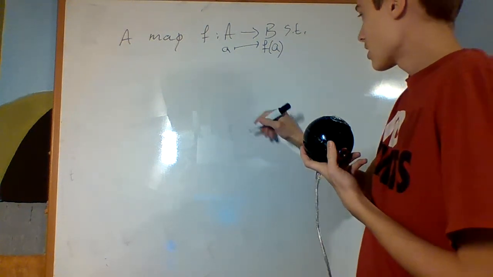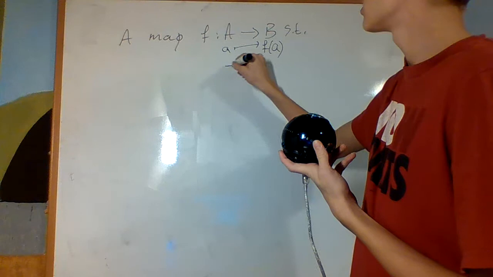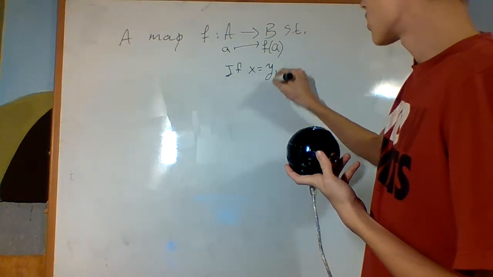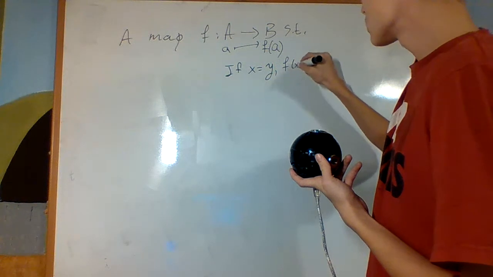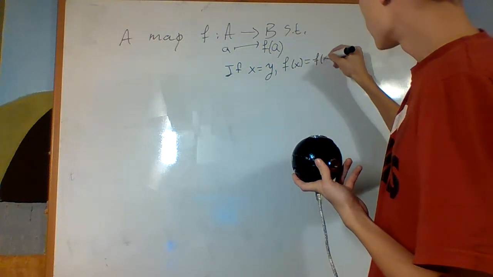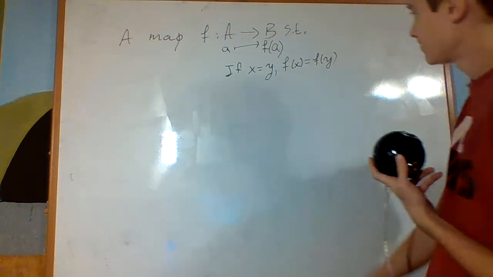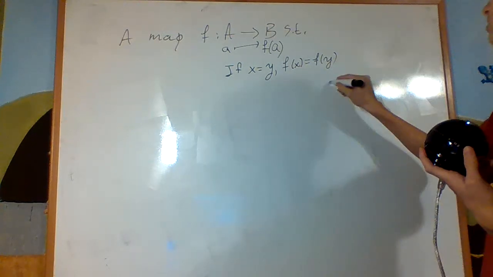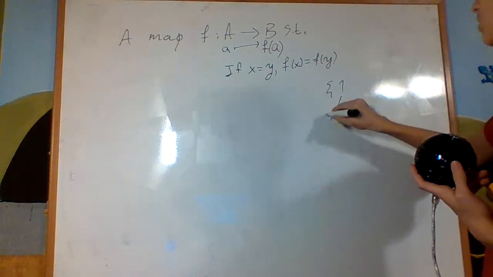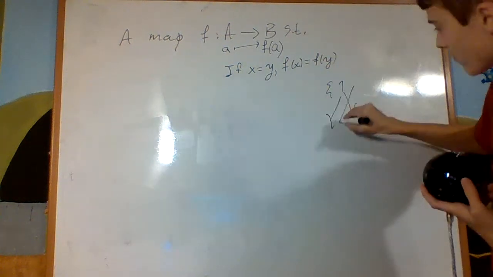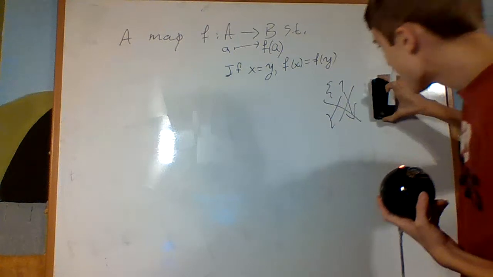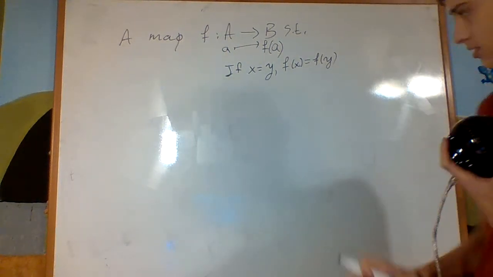Well, we need that if two elements are equal to each other, then their function values are equal to each other. Meaning that one cannot go to two values. Any element cannot go to two values.